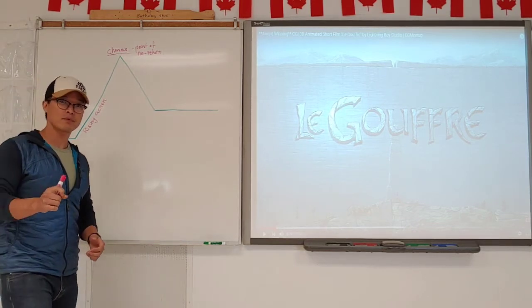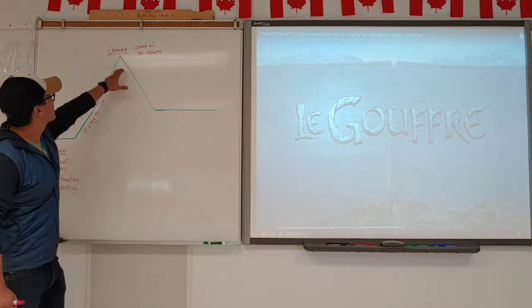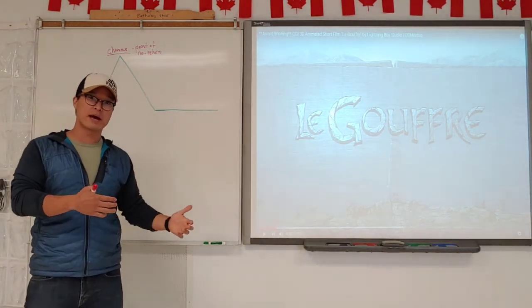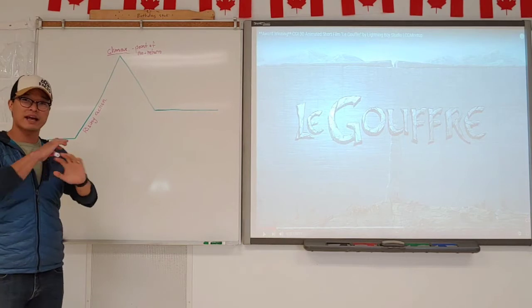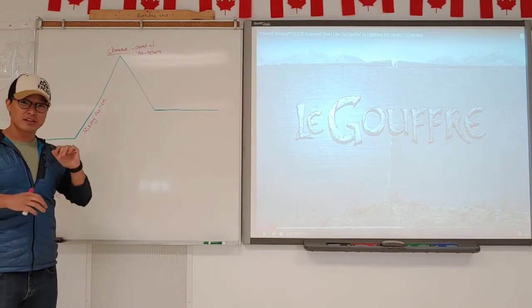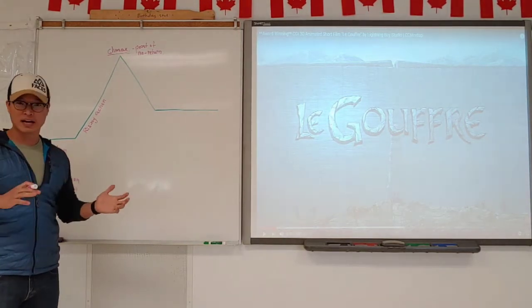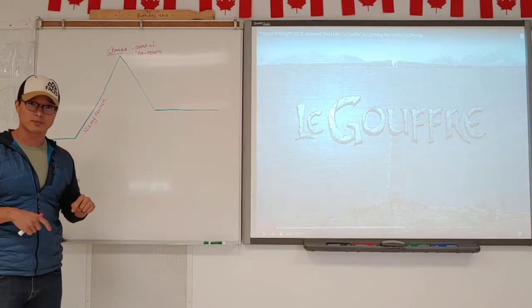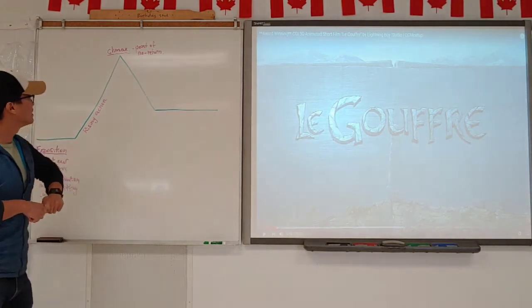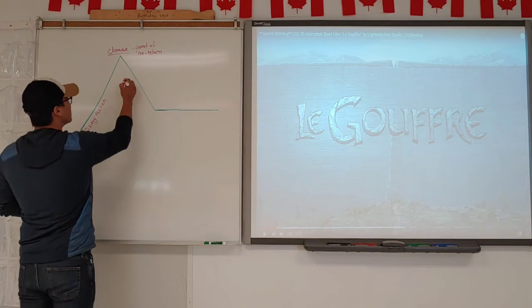Now, the next step, once they take that step forward and get to that point of no return, is the climax. The stakes have never been higher than they are right now at the climax. And then there is the falling action.